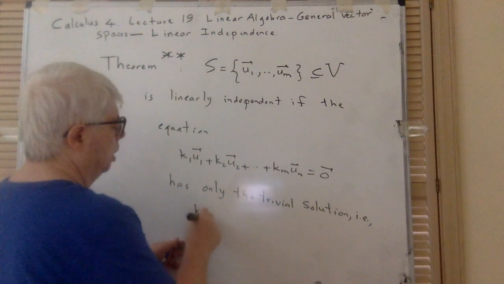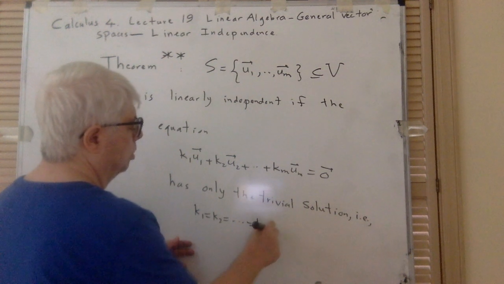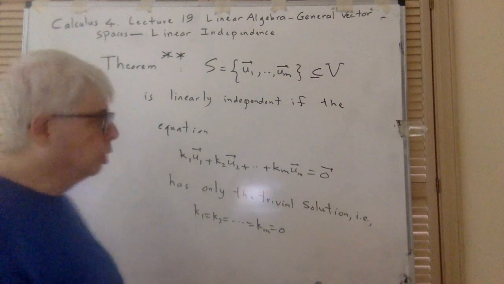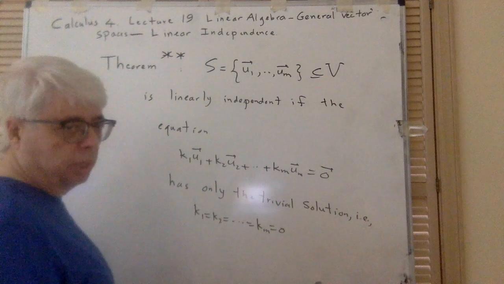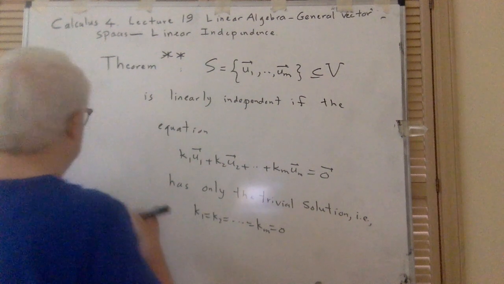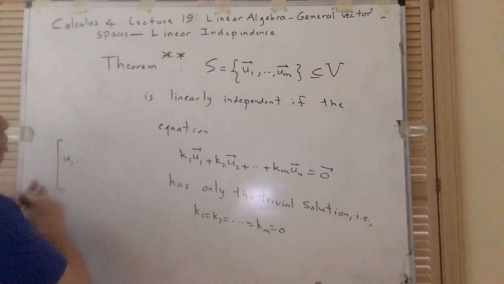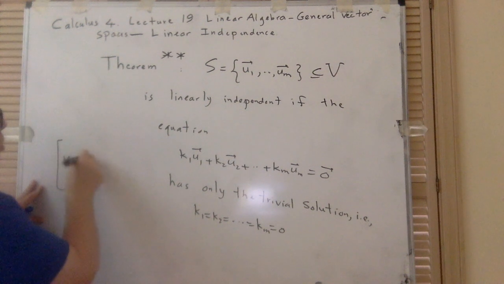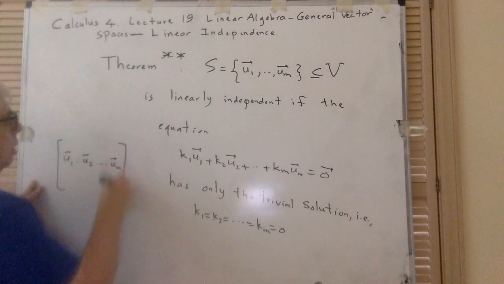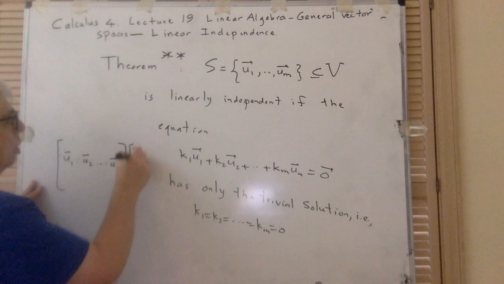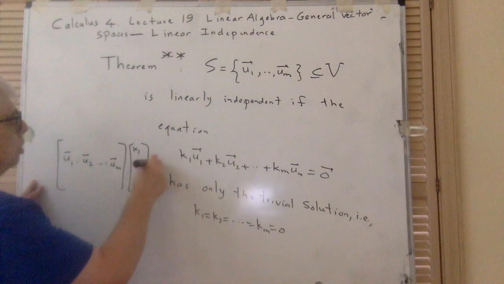I.e. K1 equals K2 equals ... equals Km equals 0. Now this is an equation. Remember I wrote down Ax equals b in this format. So it's like this system of equations. You might have U1, column number 1, column number 2, up to column number m, multiplied by K1 up to Km, and that equals 0.